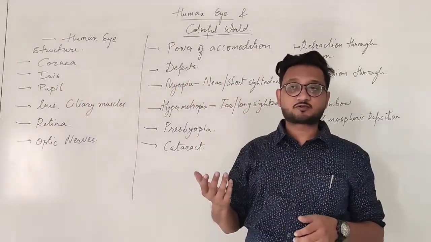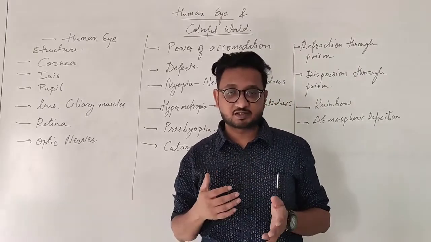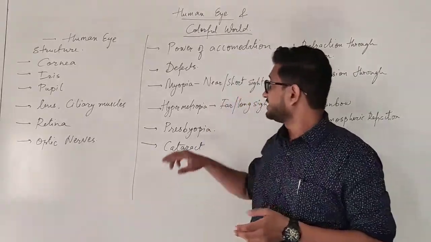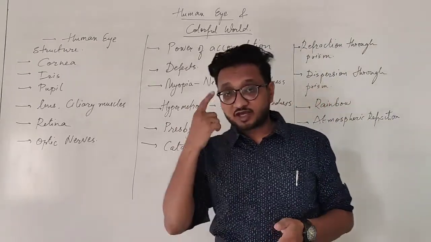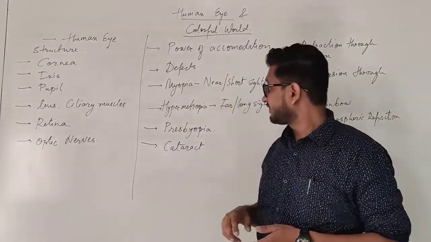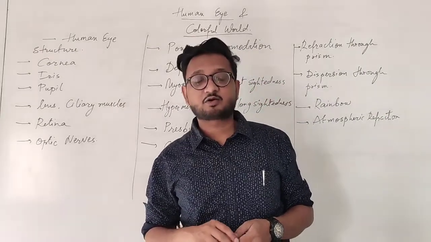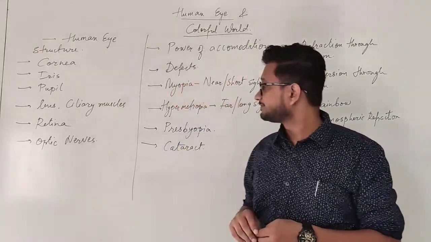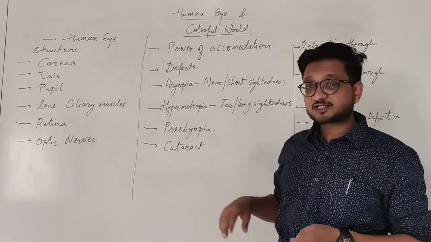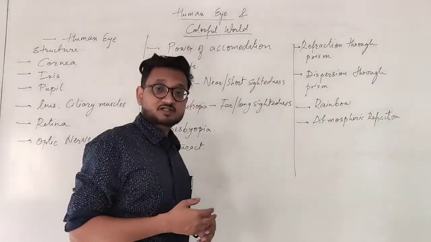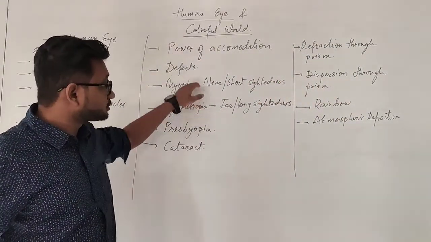This spectacle will not work because the defect is different. Okay? For nearsightedness, we wear concave lenses, and for hypermetropia, that is far-sightedness, we wear convex lenses. Okay? The next is presbyopia. Now, people after a certain age develop both of these defects.